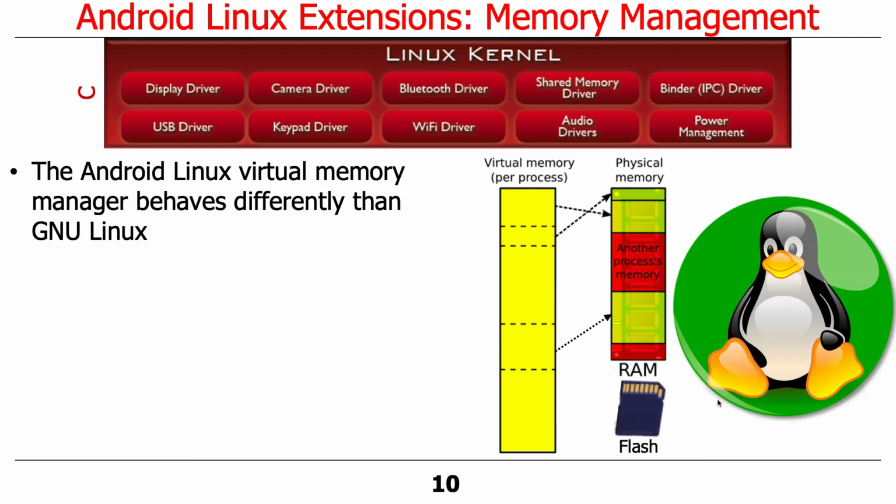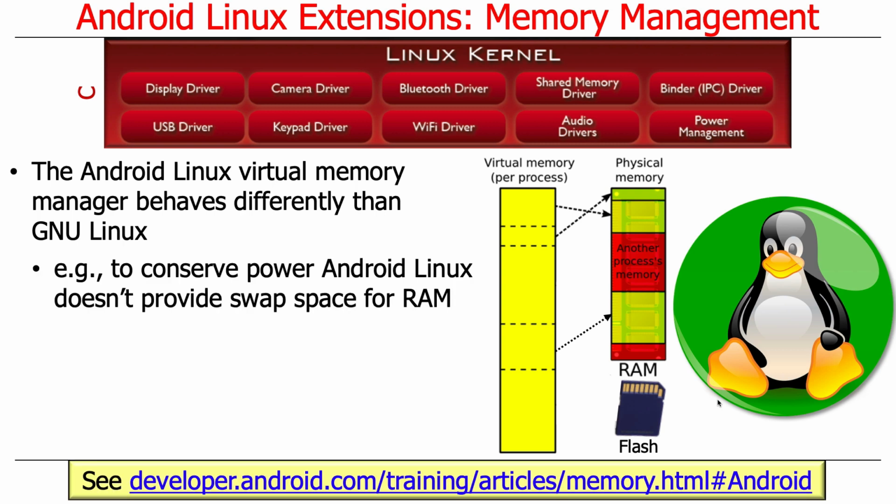Now, it turns out that Android Linux behaves differently than classic GNU Linux because of the constraints of mobile devices. So one of the things it does, to conserve power, is that it doesn't actually provide swap space. And the reason for that is that copying the contents of RAM, main memory, back to flash memory would consume a fair amount of power.